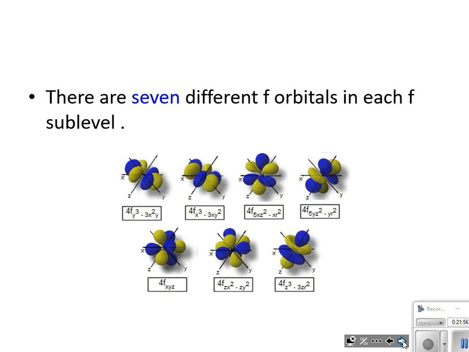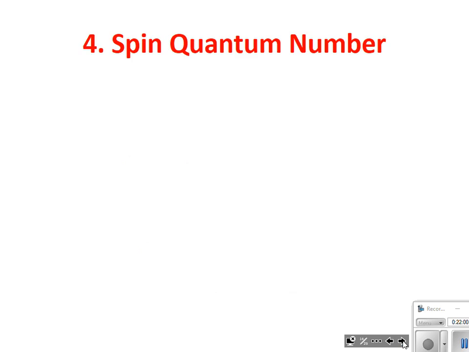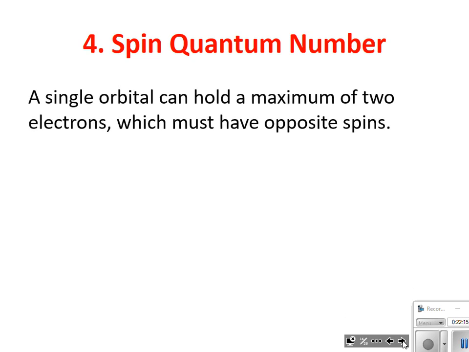Now, our final slide that we're going to talk about today is the spin quantum number. It is the last of the 4 quantum numbers. The spin quantum number deals with the spin of the electrons.